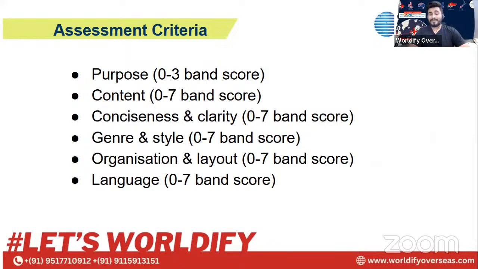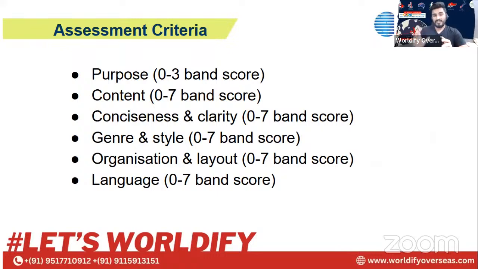Then conciseness and clarity. First they check for all the relevant information. That comes under the content criteria. Then they check for any irrelevant information you may have written. They give you a score on the assessment criteria of conciseness and clarity, how concise your letter was. Then the genre and the style, which I told you is always formal.